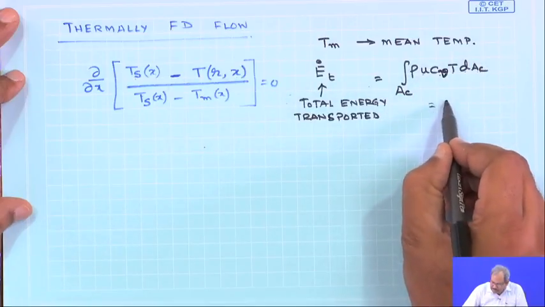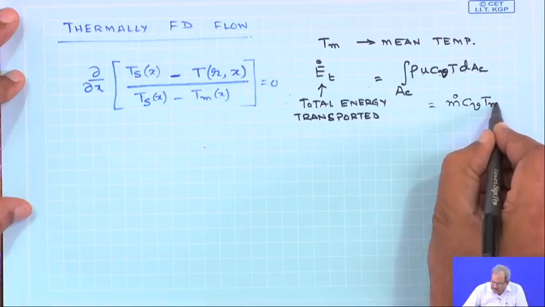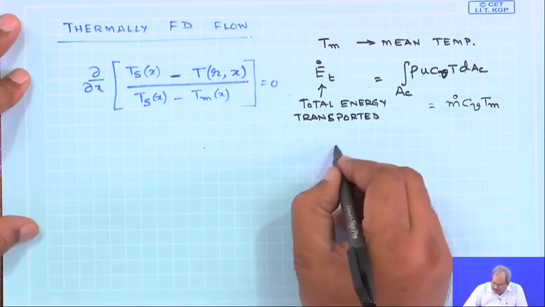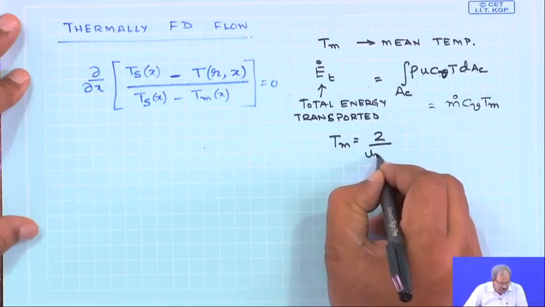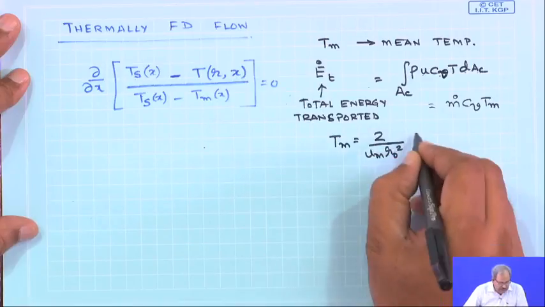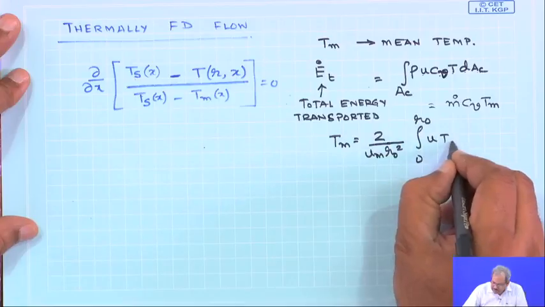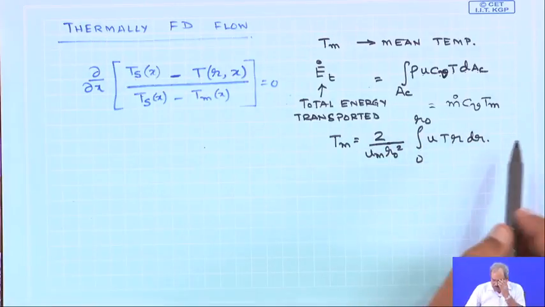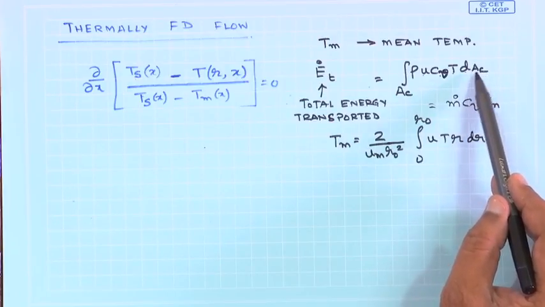Now, if we equate this total energy content of the flowing fluid with some mean temperature Tm, then the definition of the mean temperature would be 2/(um r0²) times the integral from 0 to r0 of u T r dr. The only thing you have to do is, for the cross sectional area dAc, simply write 2π r dr, because that is the cross sectional area through which the liquid is flowing.